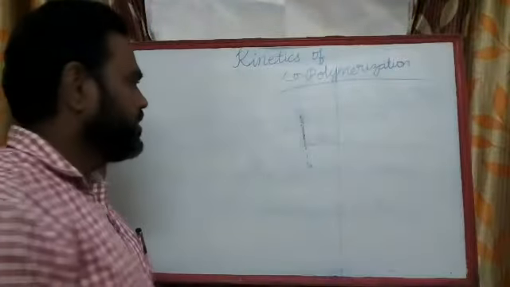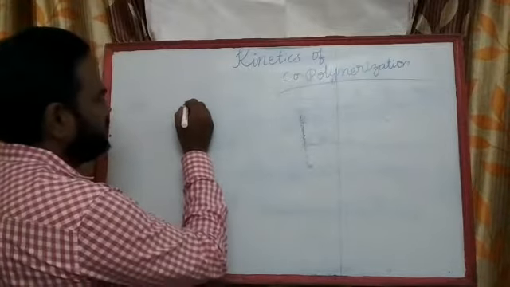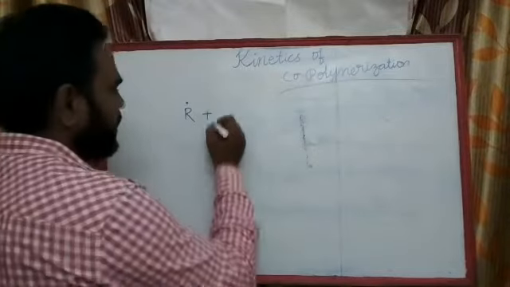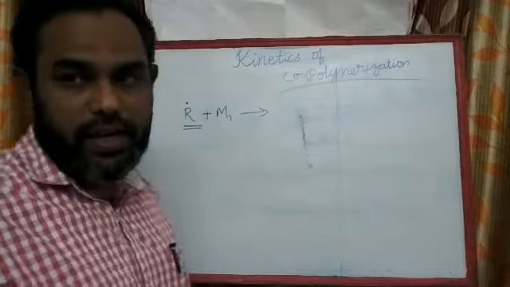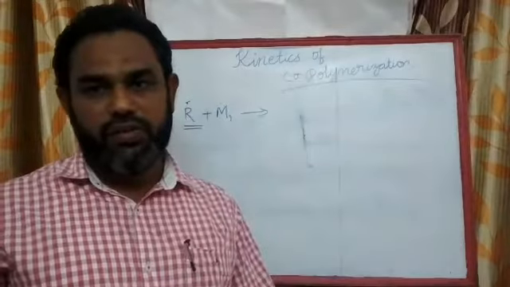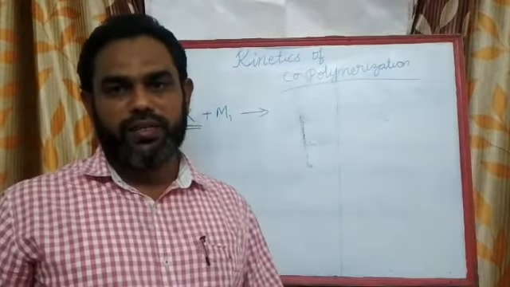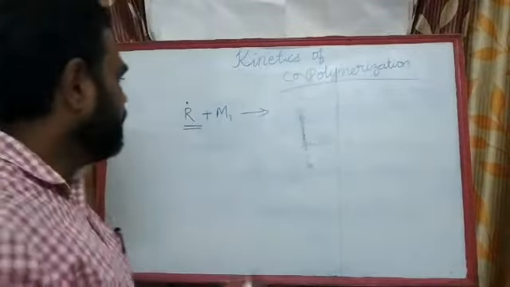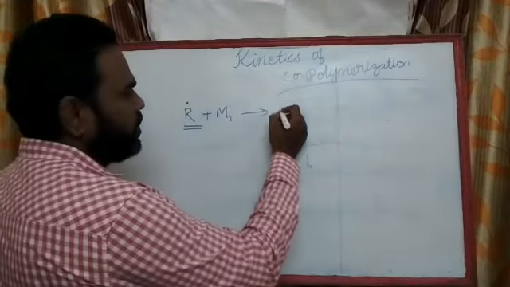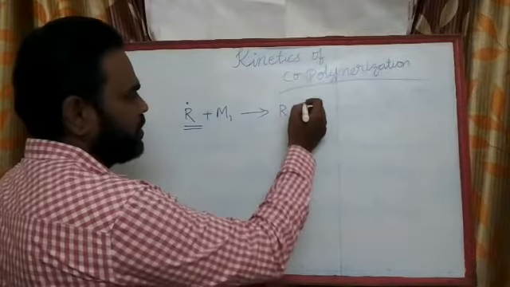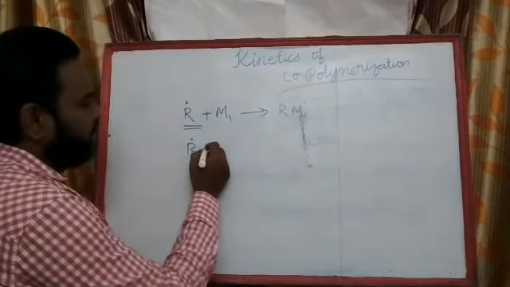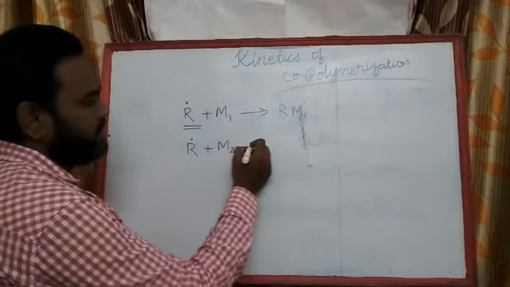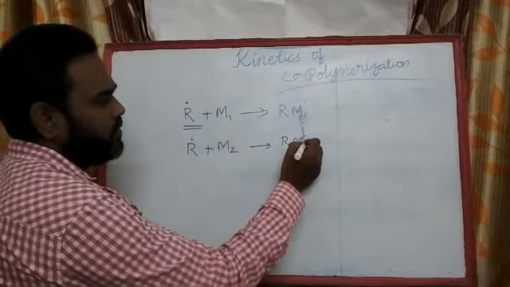I take a generalized system in which R dot is the radical, which reacts with the monomer. This radical is produced by the decomposition of the initiator, which you have already studied in the kinetics of radical addition polymerization. So this R dot reacts with M1 to give RM1 dot. If the radical attacks another monomeric species, you get RM2 dot.